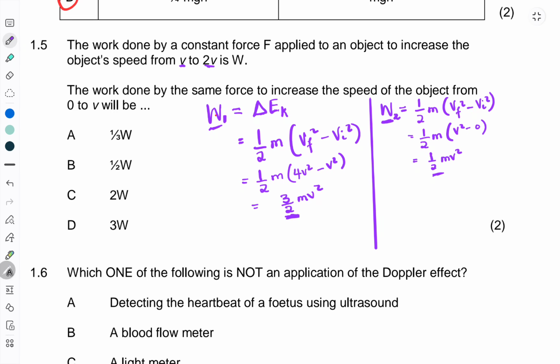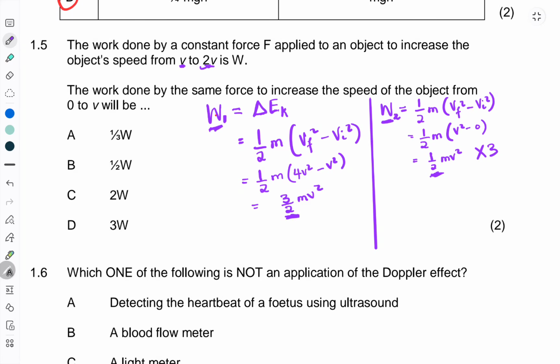So by what factor did the original change to become the new work done? I noticed that if I were to take my new work done and multiply it by 3, I would get back the original work done, which is work 1, the one that the constant force F achieves when it changes the object speed from V to 2V.